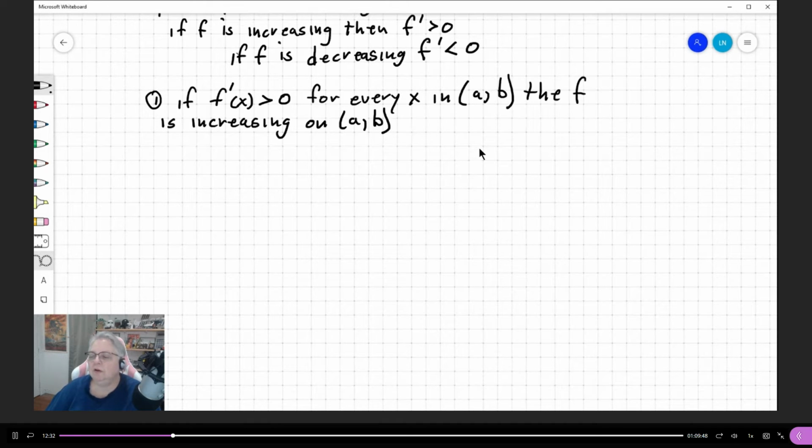So if you take the derivative and look at where that derivative is positive, anywhere where that derivative is positive, the function is increasing.